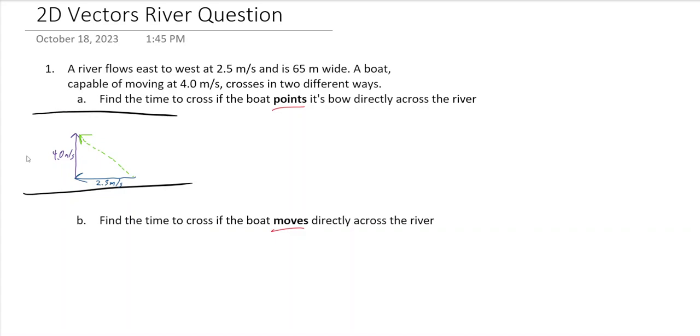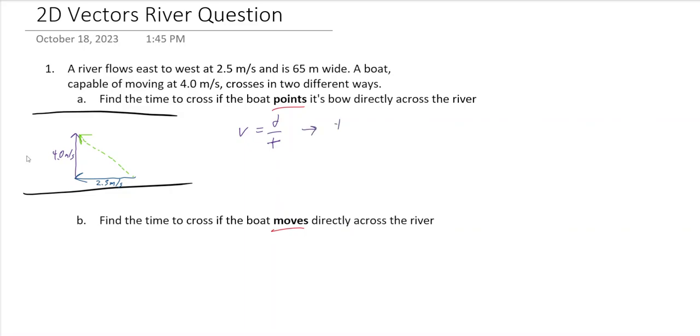So if it starts over here, it's going to end up over here at an angle like that, right? We could calculate it, but honestly, it doesn't matter how big that angle is, because if it's pointing directly across the river, the distance that it is going is also directly across the river. So therefore, we just need to use a regular old v equals d over t, and we're looking for time.